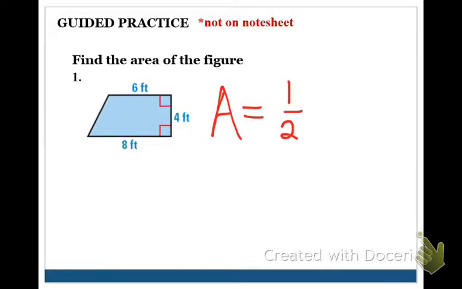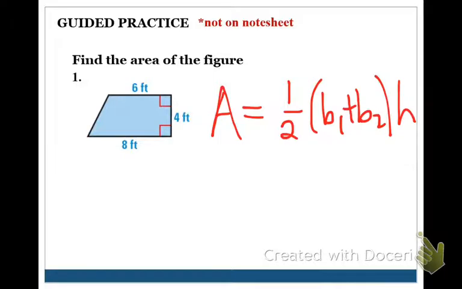No, just in the variables. What would it be? What's the general formula? 1/2 base 1 plus base 2 times height. Right. Remember, when I grade these, you get a point for writing the general formula without even plugging in the numbers, just knowing the correct formula. That's a point.